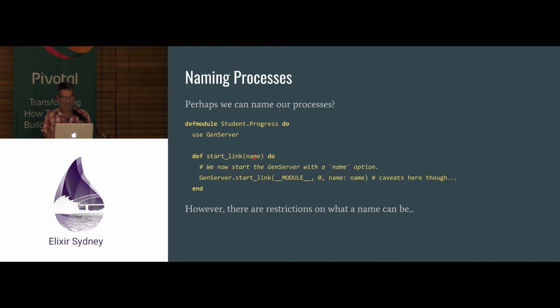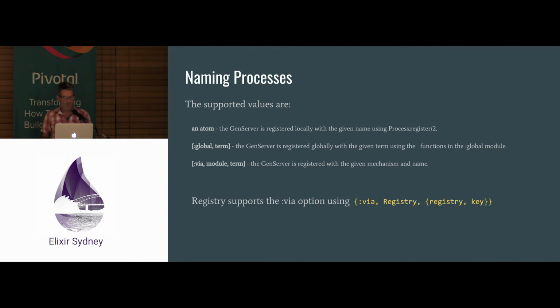There are some caveats, but basically you're giving this GenServer a name, and then you can just refer to the GenServer by the name, but there are restrictions on what that name can be. We can't just give it arbitrary integers or arbitrary account IDs or anything like that, because there's only a certain number of types that names can be.